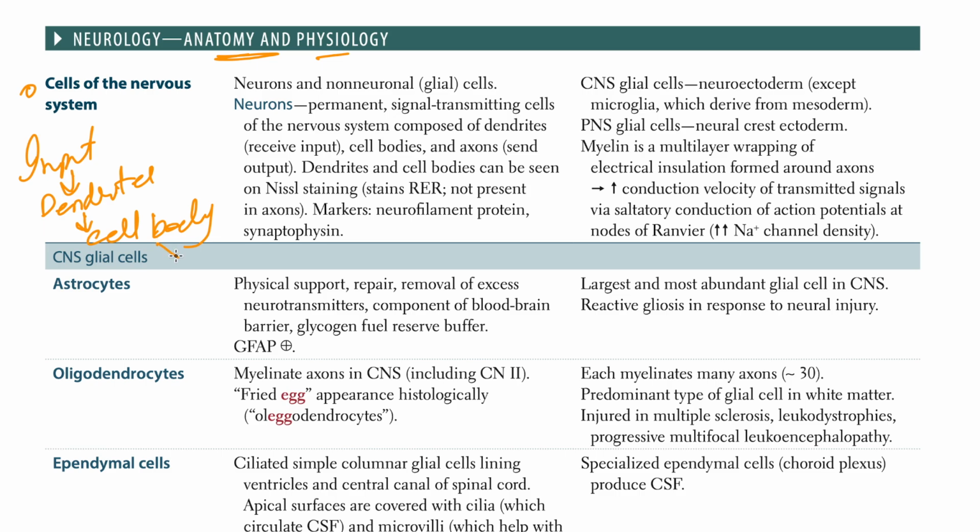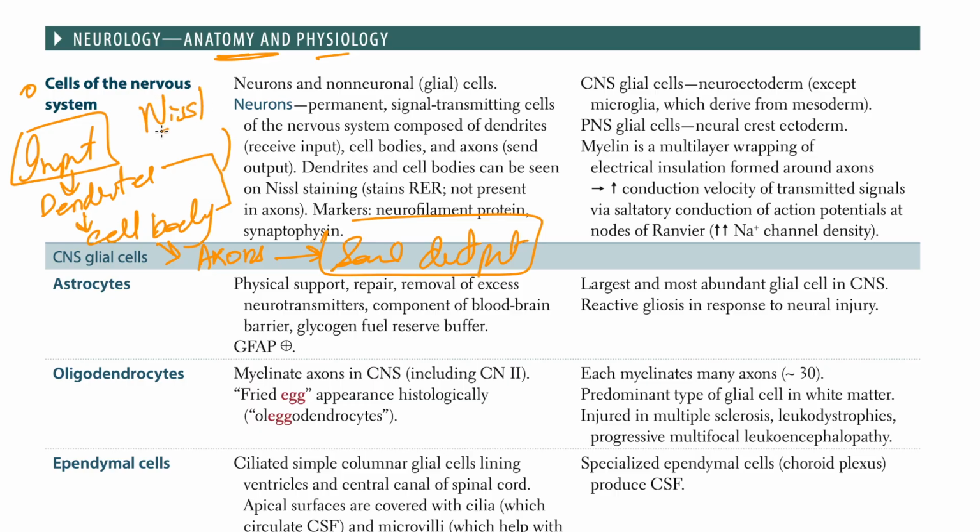And cell bodies are going to send signal to axons, and those axons are going to send the output. So this is all we have. So Nissl staining can be used here within the dendrites or the cell bodies. They have the Nissl staining, which stains the rough endoplasmic reticulum.